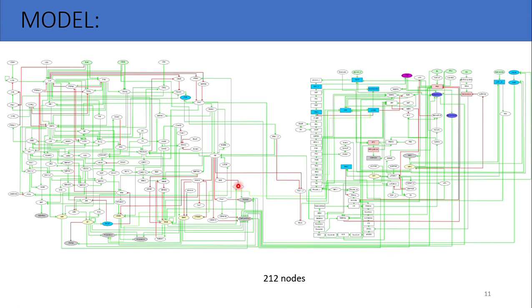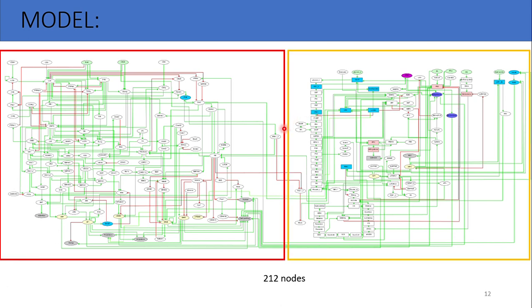This is our current model, which is composed of 212 nodes, and the nodes representing genes overexpressed in neonates are shown in sky blue. Our model can be divided in two parts. One of these contains the activation pathways and the other the metabolic pathways.